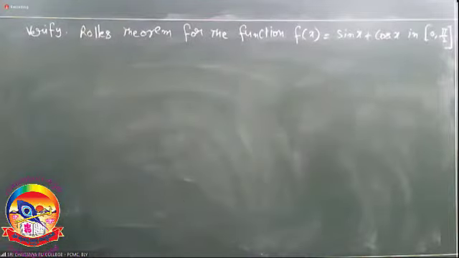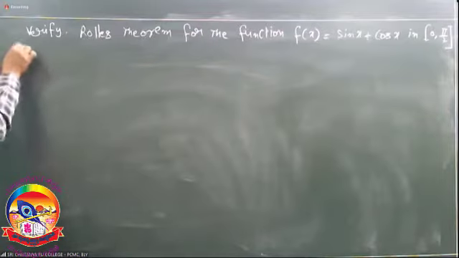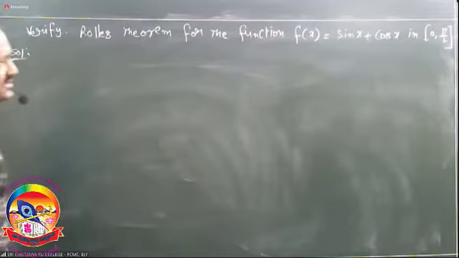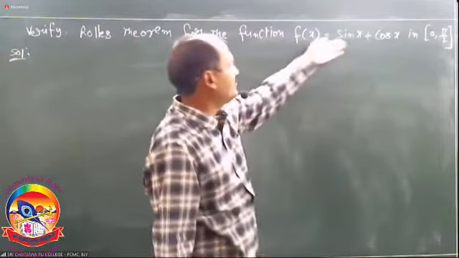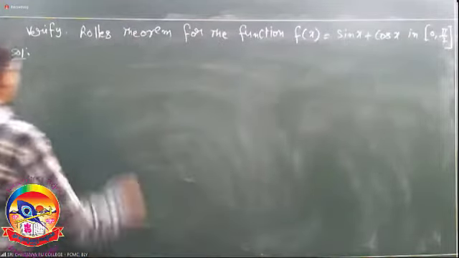What is the question? Verify Rolle's theorem for the function f of x is equal to sin x plus cos x in 0 to pi by 2. Here the given function is sin x plus cos x.